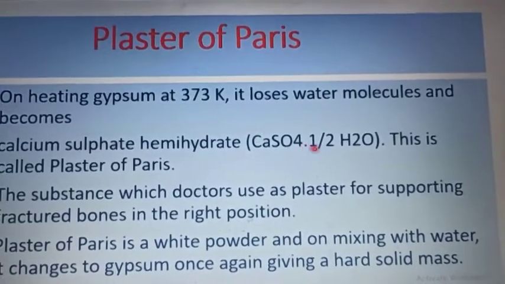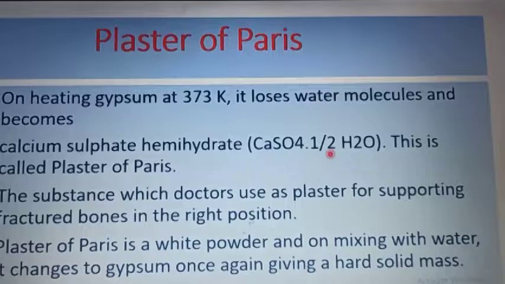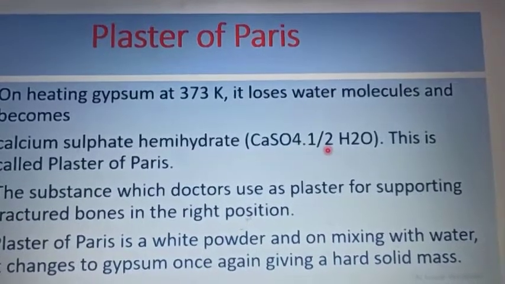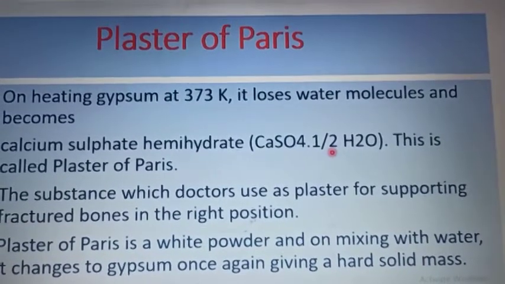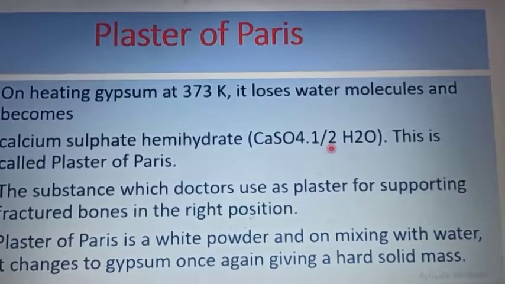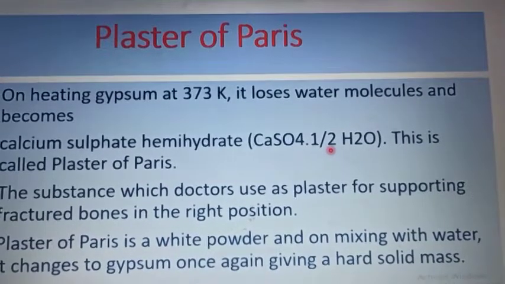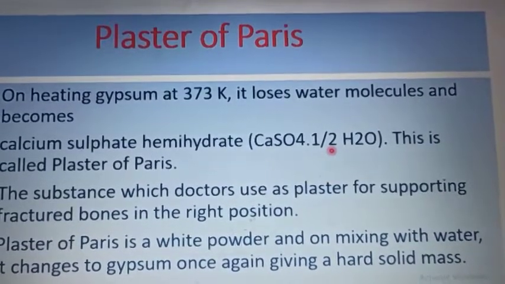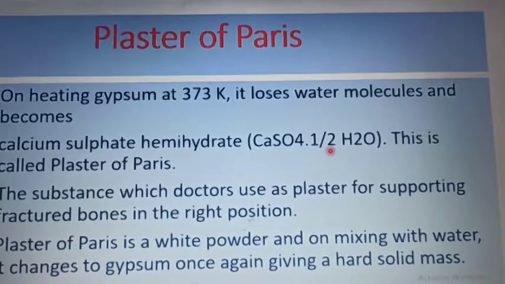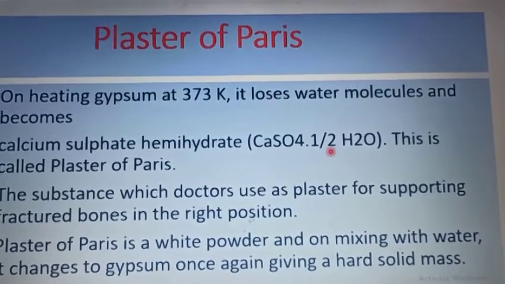Whenever there is a fractured bone and the doctor wraps it with the plaster, it is very soft at the time, but it becomes hard later on, right? Because after mixing with water, after some time, it becomes hard.